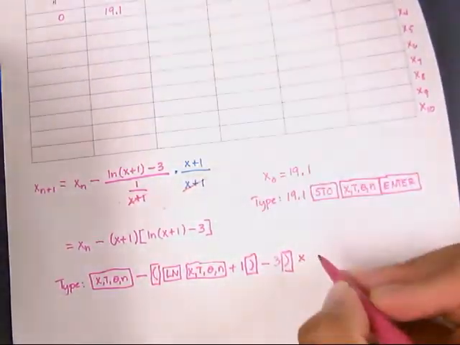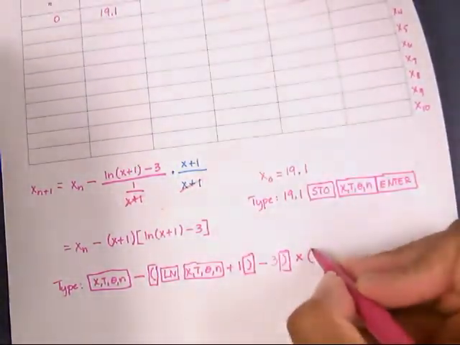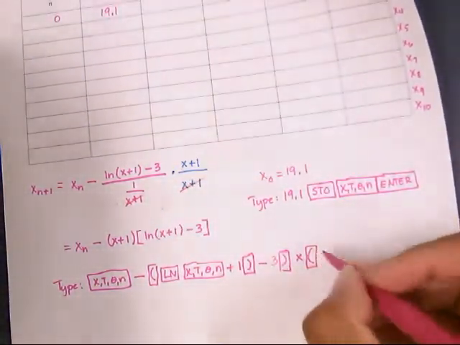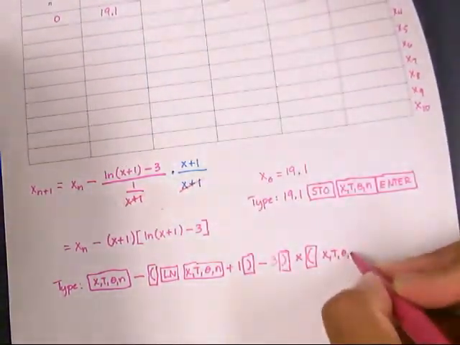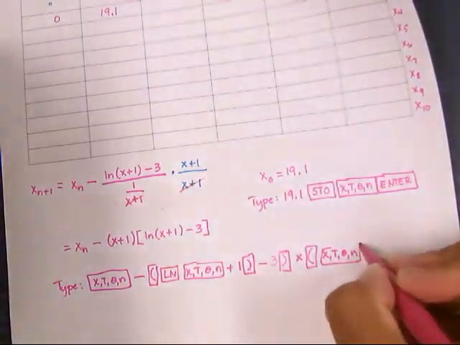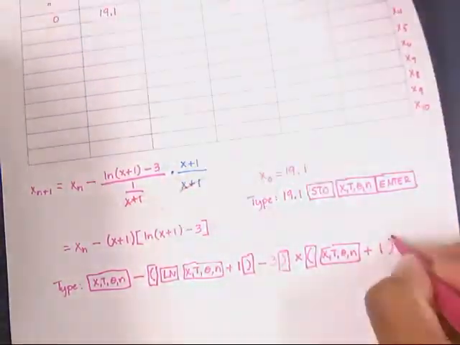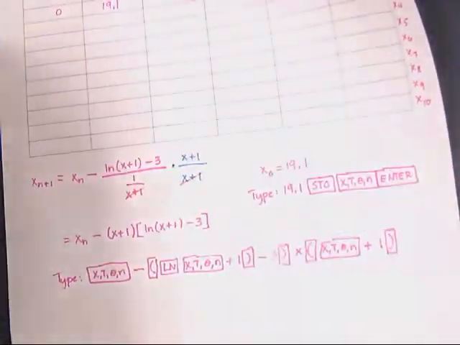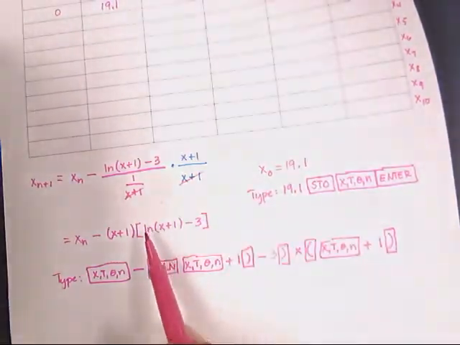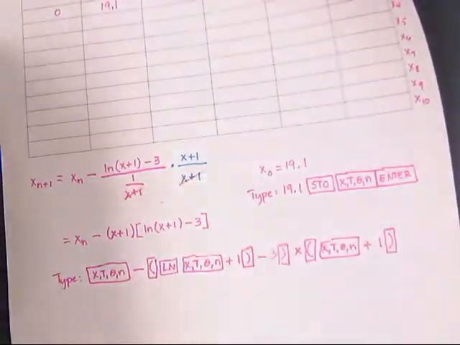And then that's going to be times, because I'm going to multiply that by, and then left parentheses, X,T,theta,n for the x, plus 1. Because see, what I did was I put this part in first, and then the x plus 1.